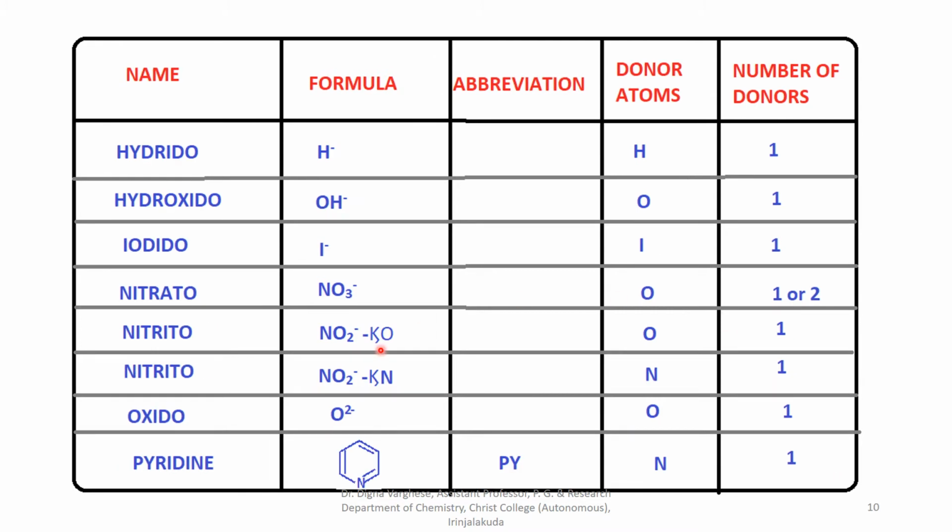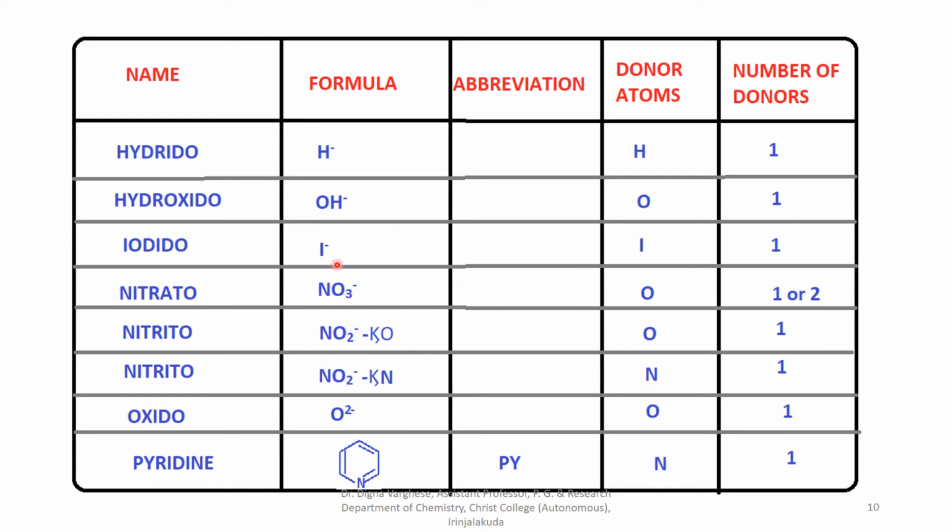In the case of hydrido complex, hydrido is the ligand, H minus is its formula, donor atom is hydrogen, number of donors 1. Hydroxido means OH minus, oxygen is the potential donor and 1 is the donor site.